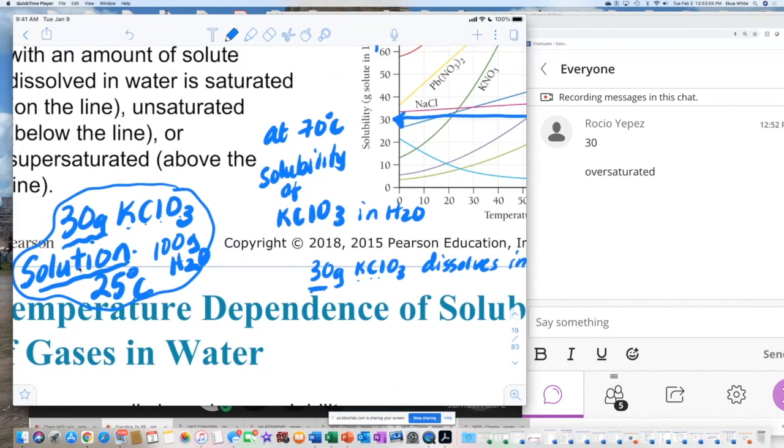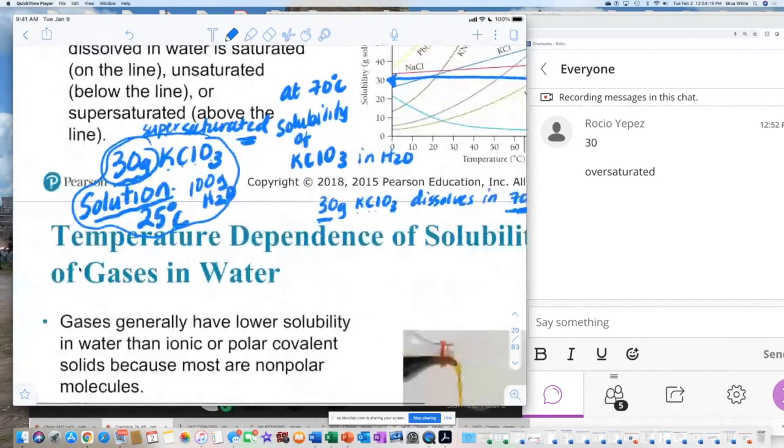So supersaturated, because it's more than what it can handle at that temperature, right? So supersaturated. It's way more than how much it can normally handle. But I keep trying to convince you this is a solution though, and that means that if I manage to make it dissolve, we're talking about a supersaturated solution.